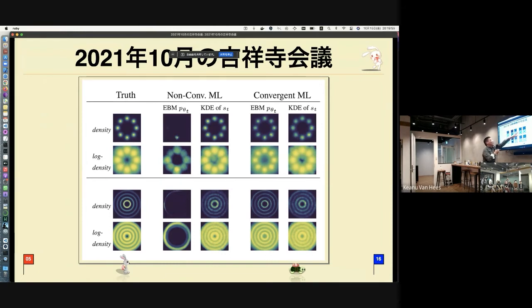There are 2 outcomes based on how you tune those hyperparameters. One outcome is you learn a non-convergent ML, which means the density you learn just focuses in here. All the other densities you didn't learn, right? This basically fails. And this KDE is a different method of maximum likelihood learning, called kernel density estimator.